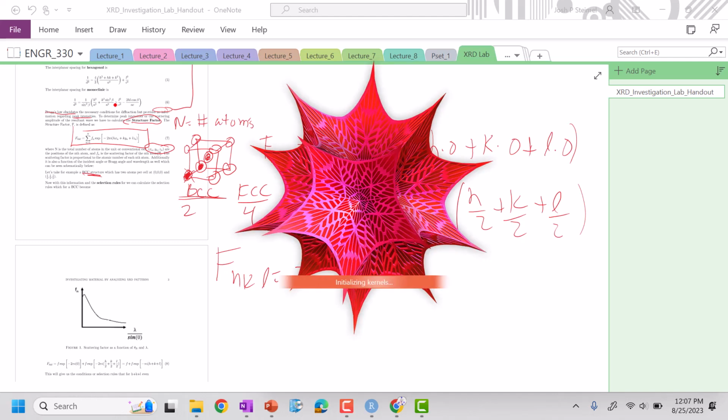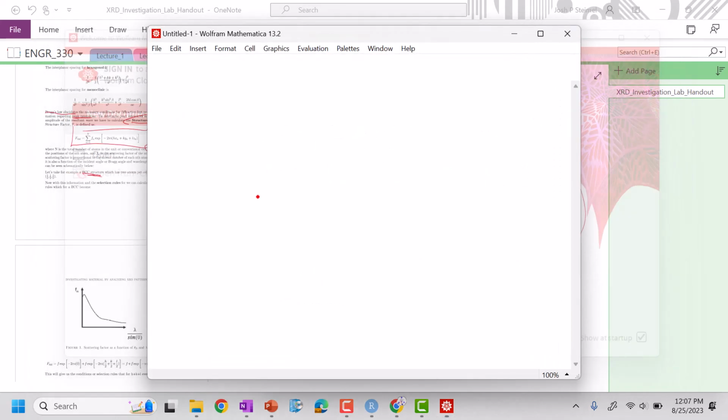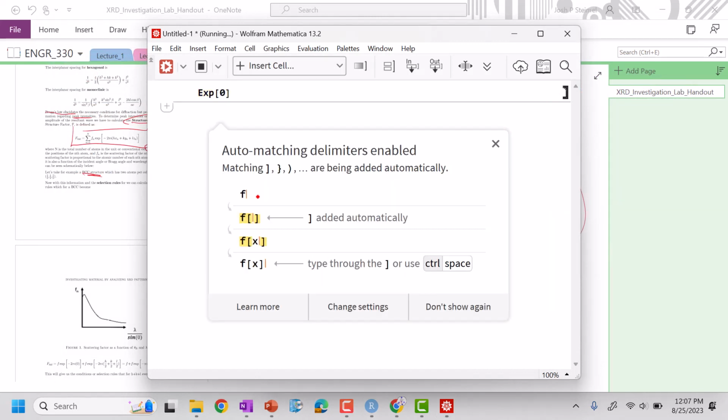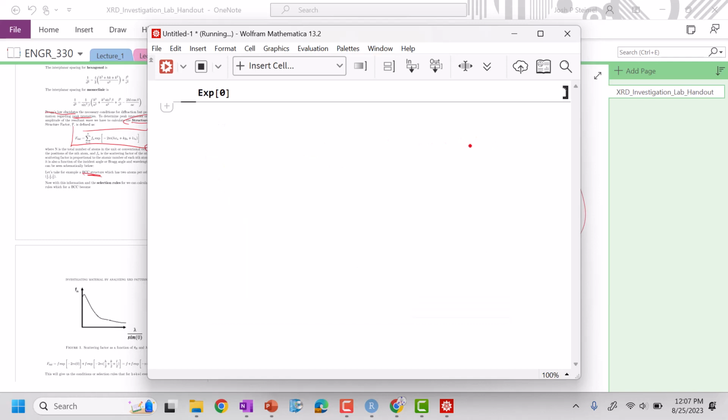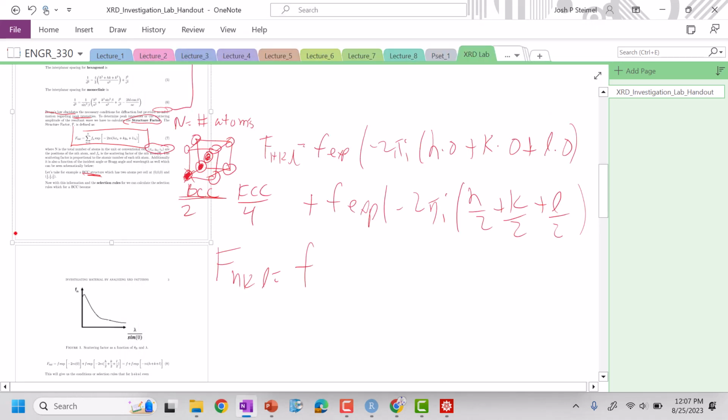So there should be no worries. But let's go ahead and open it up. Let's get this moving. So let's do exponential of 0, in bated breath, 1. So we just have f.